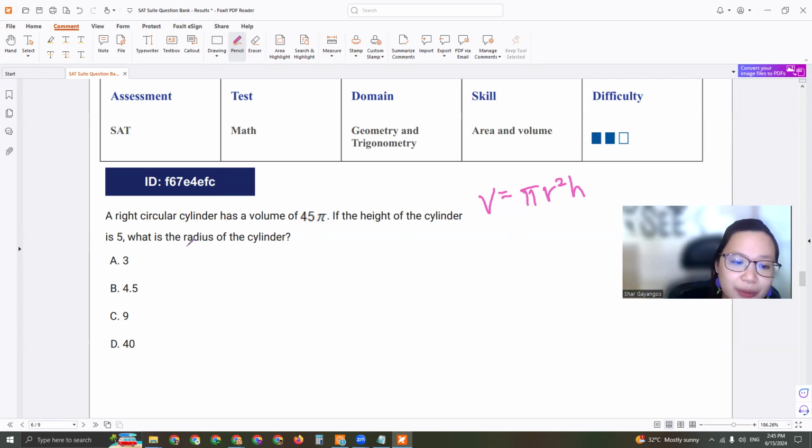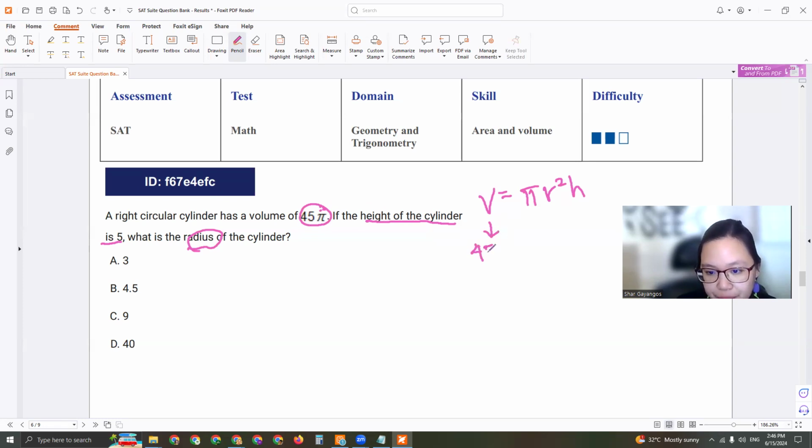So we're looking for the radius, and we have a height that is 5 units long. So for problems like this, let's just try to fill in the formula with as much given as we can.